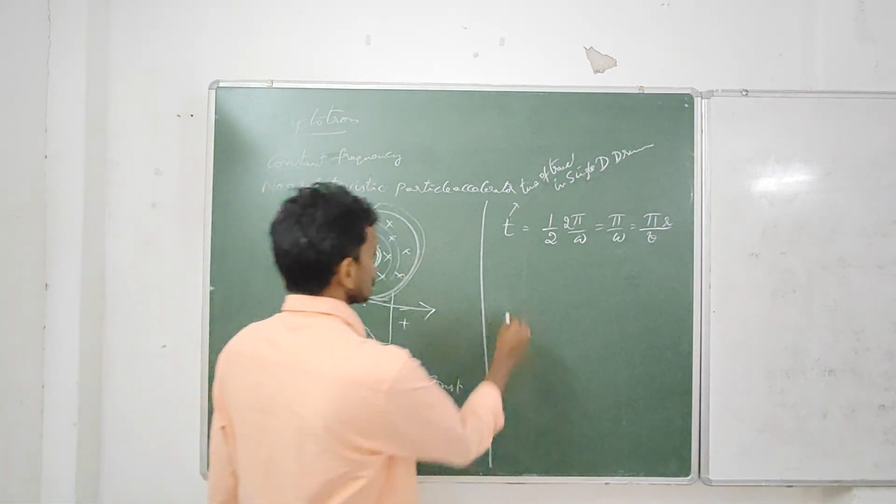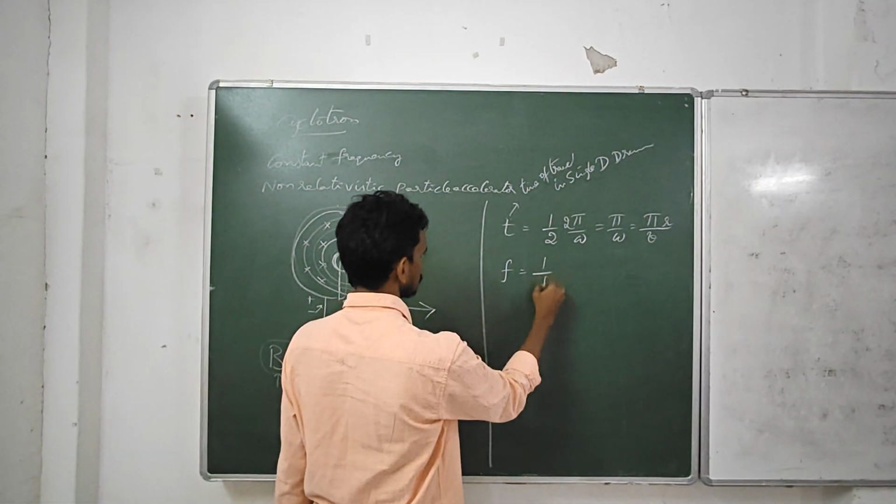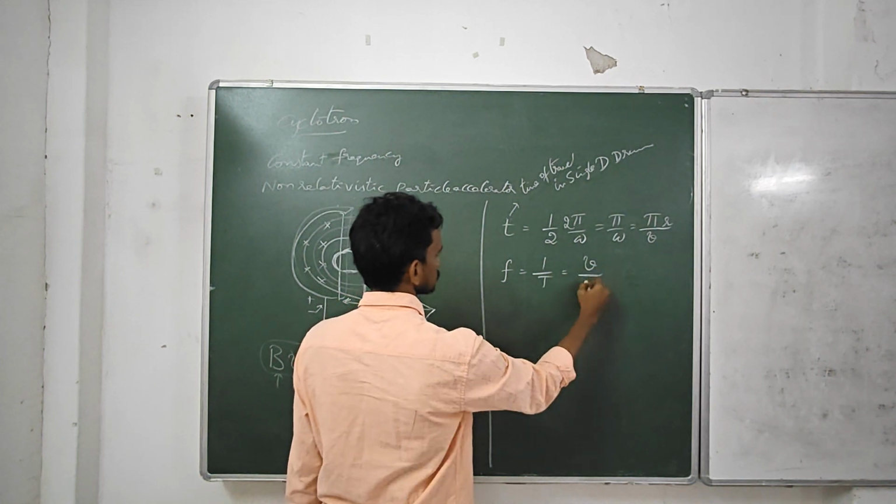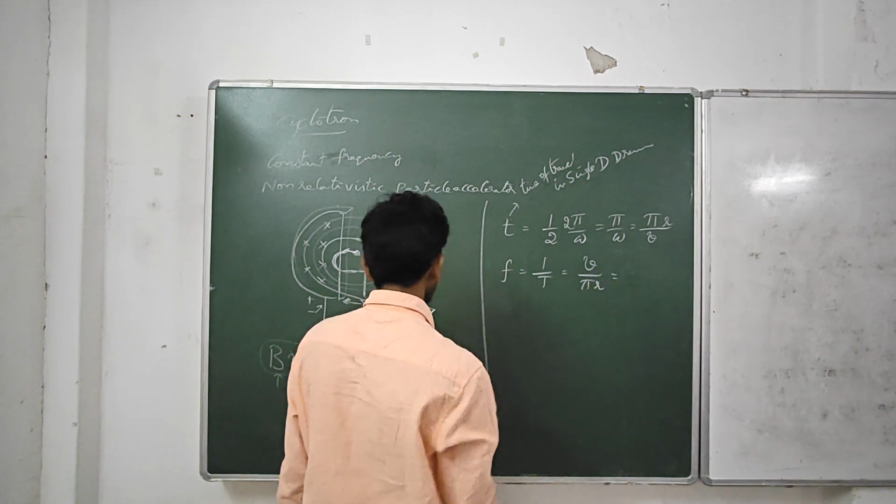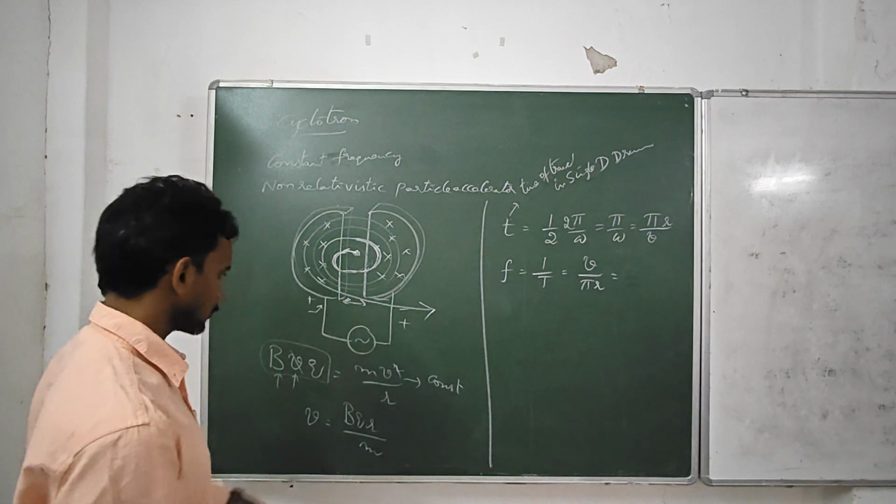And frequency is 1 by time period. So v is bqr by m.